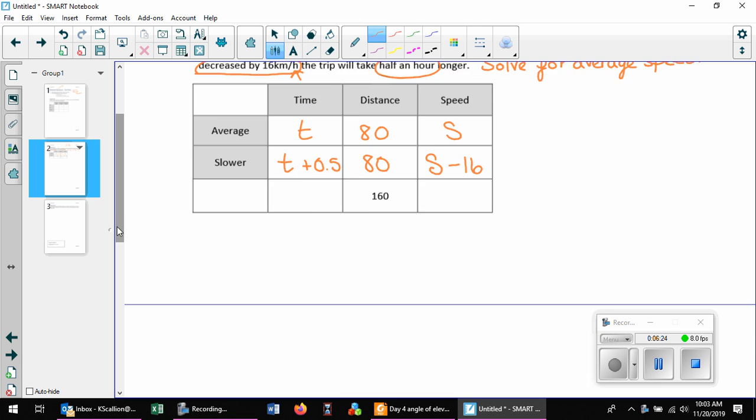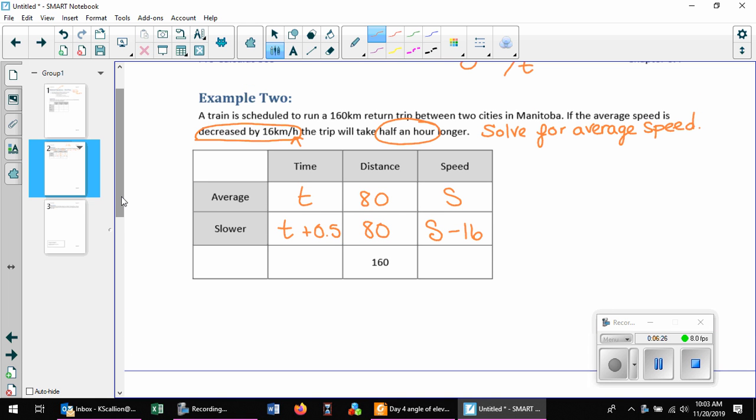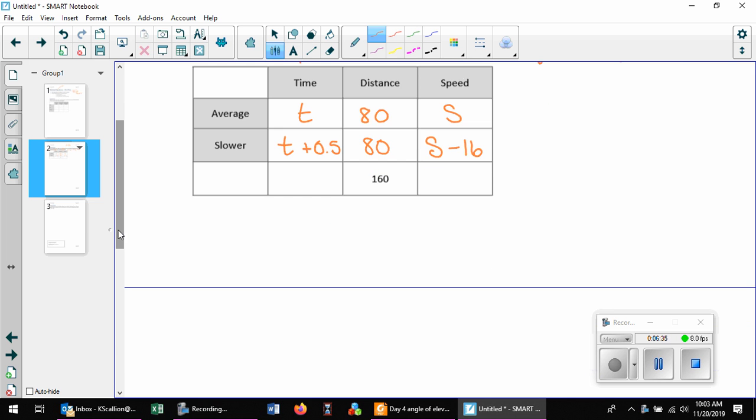All right, so we have the average speed and then we have the slower stuff, right? So that's why the table I find helpful, to just kind of keep me organized. Okay, so I'm going to make two equations. My average equation, and the average equation is perfect.